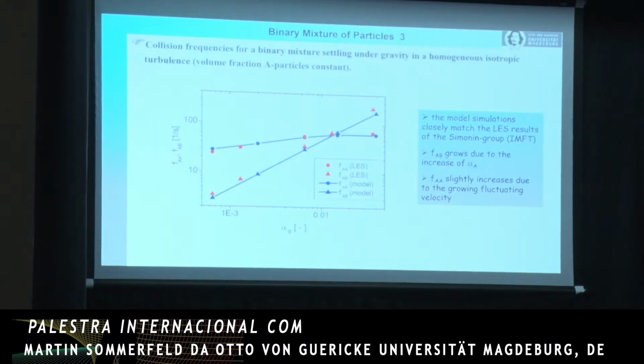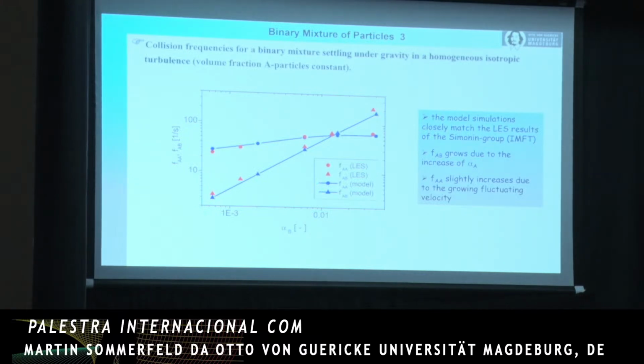So now going to the collision frequencies, actually you can define 4 collision frequencies: frequency AA, frequency BB, frequency AB, frequency BA. AB and BA should be identical. So you see here, first of all, the triangles, which are the frequency between A and B. The red symbols are LES, so agreement is quite good.